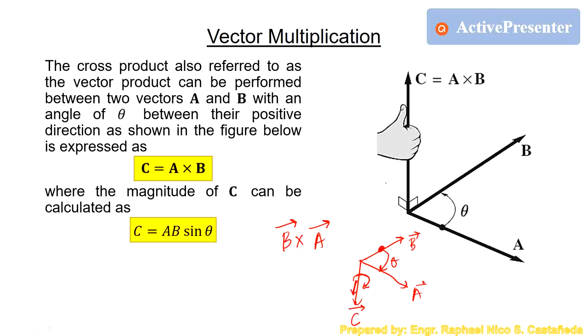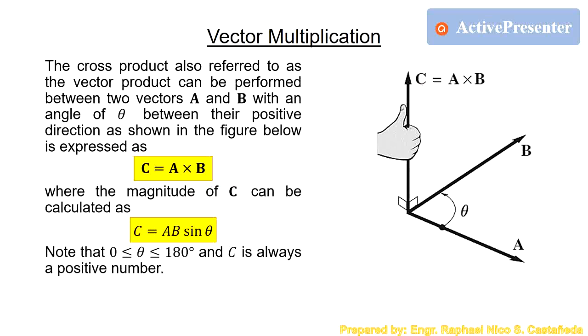That's how you follow the right hand rule. Meaning you will use the right hand to get the direction of vector C and determine which is the first vector and the second vector, because the cross product cannot be interchanged, unlike the dot product.